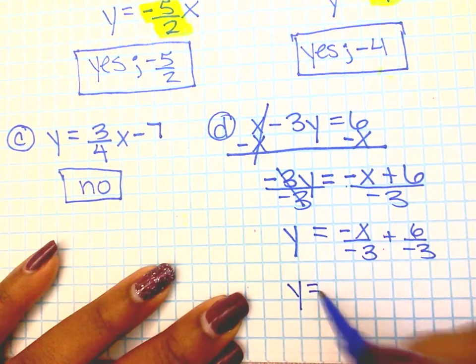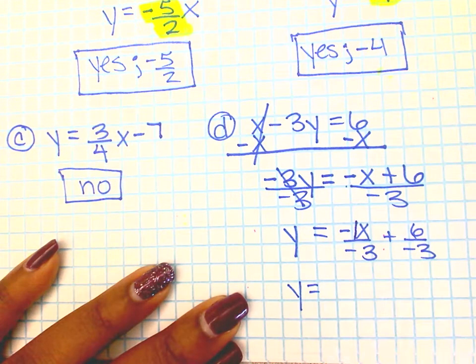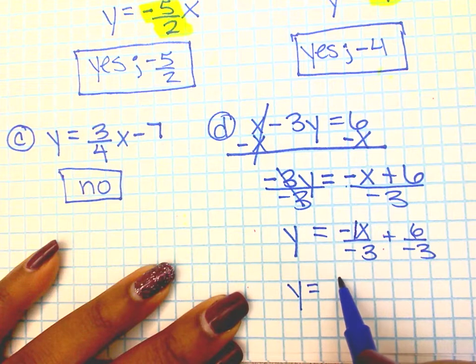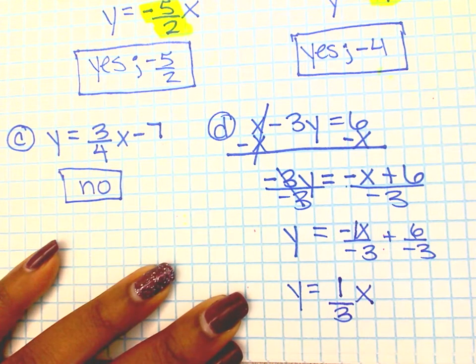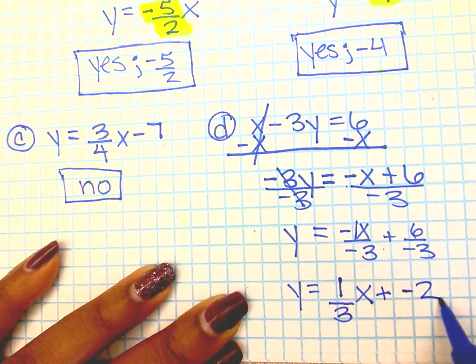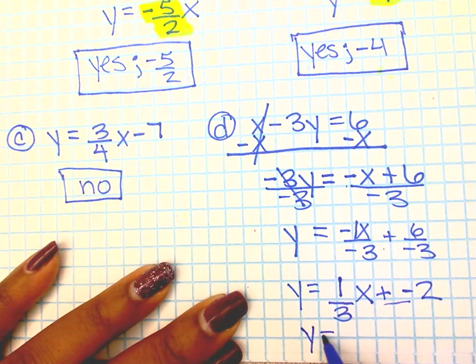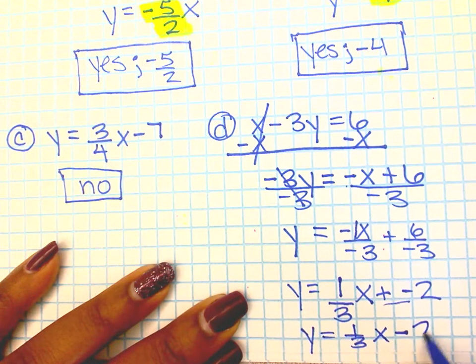So y equals, let's see, that's like an invisible 1 here, remember? So that's going to be positive 1/3 x plus 6 divided by negative 3 is negative 2. Oh, there's a plus and minus next to each other. So y equals 1/3 x minus 2.